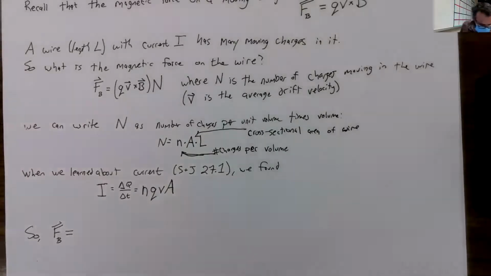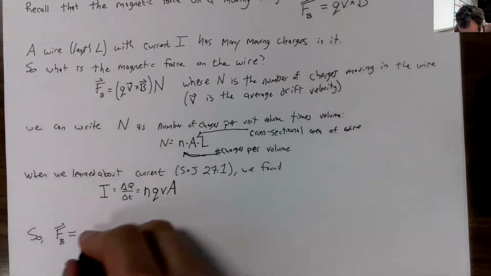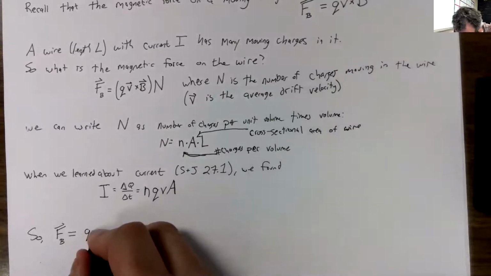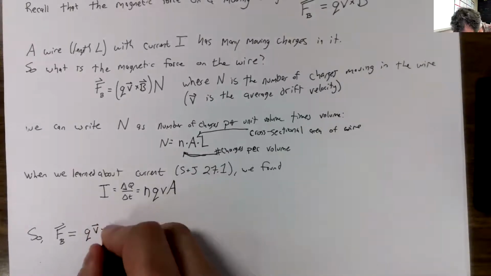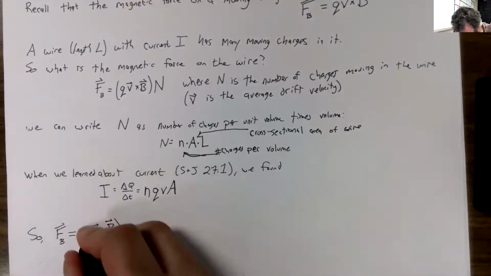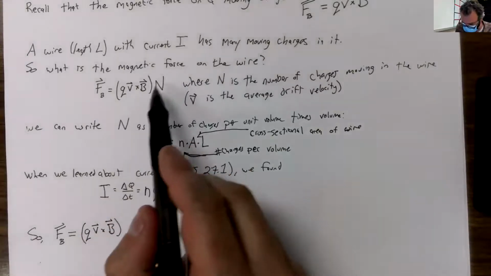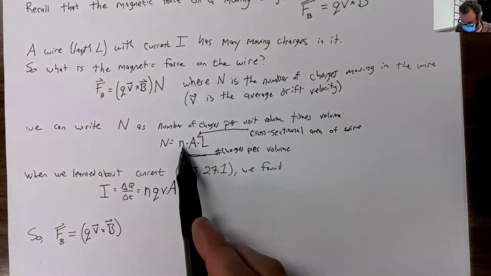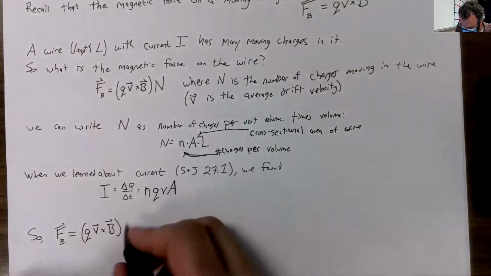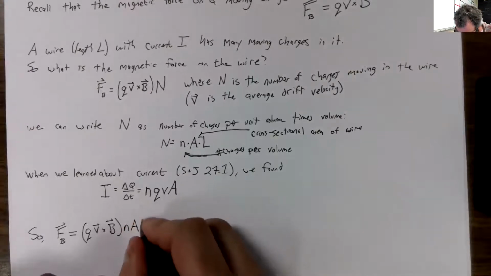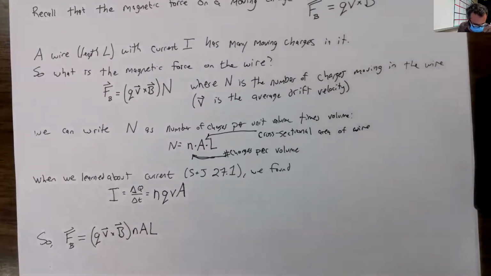All right, so now we're going to put it all together. We know the magnetic force from up here is q times v cross B times this capital N, which we said is lowercase n times A times L: number of charges times area times length of the wire.